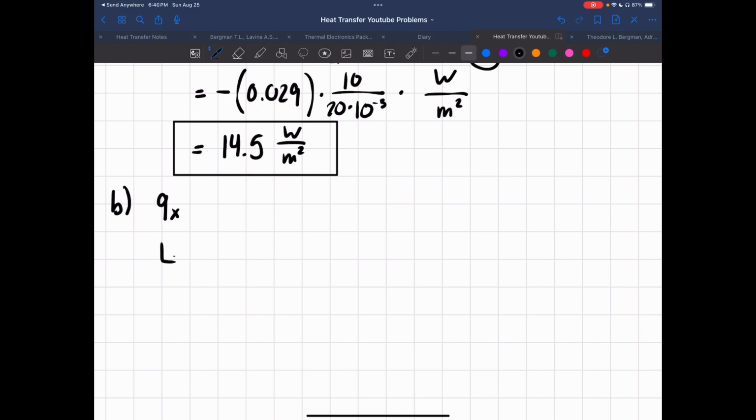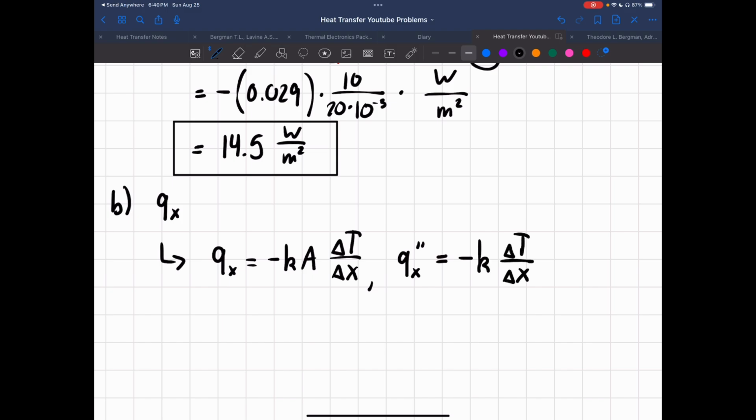And if you remember from earlier, we said that Q sub x equals minus K A delta T over delta x. We then divided both sides by A, and we figured out that Q sub x double prime, the heat flux, is equal to minus K delta T over delta x.